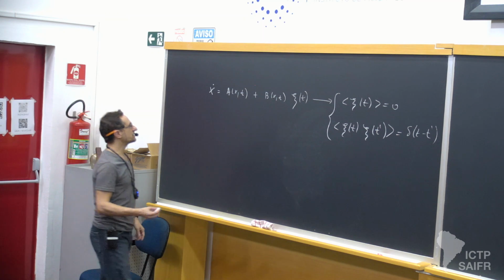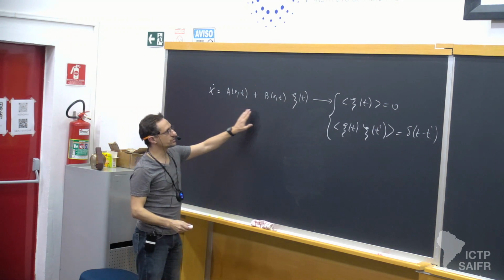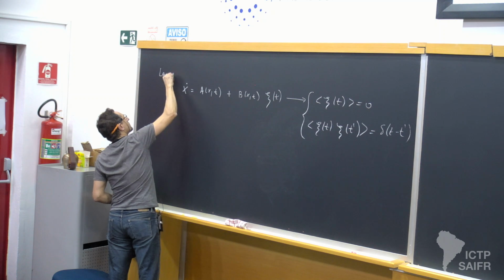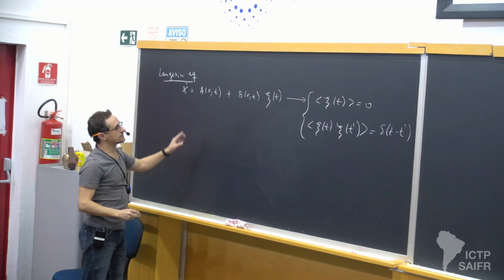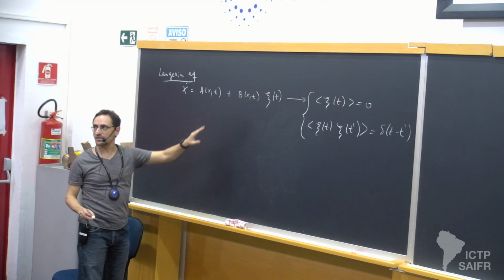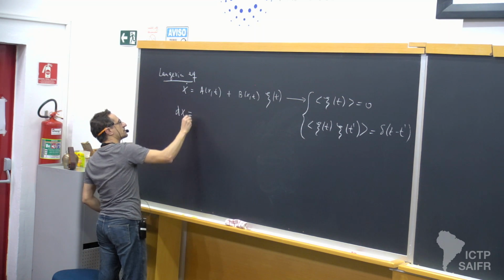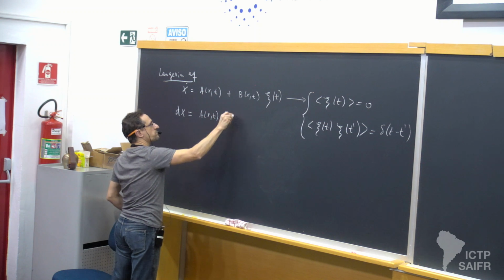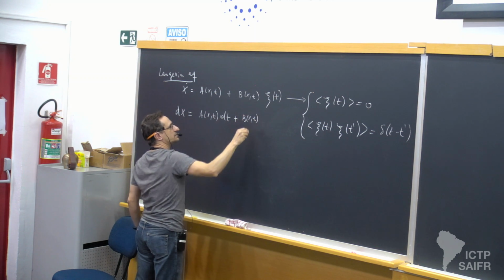So if you have something like that, this is a Langevin equation. What you may want to do is express this in differential form. If you express it in differential form, it means that you want to do this. And here I'm going to write this term this way.